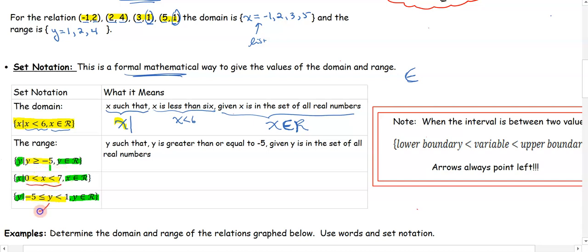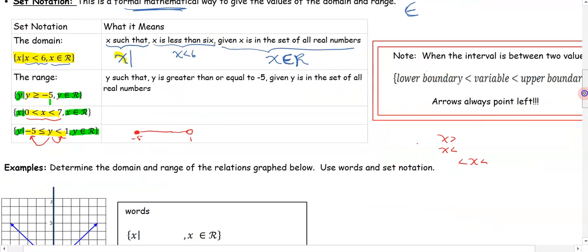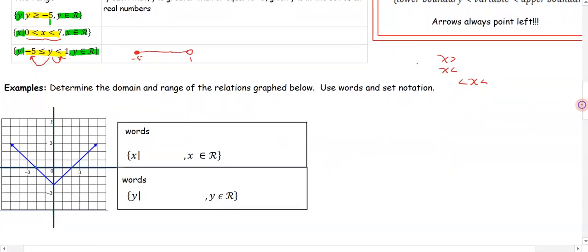And this one: y is greater than or equal to -5, so you would include the -5. It's greater than -5, but smaller than 1, which doesn't include the 1 value. So it's everything in between, including this boundary, but not including the 1 boundary. So there are different ways to write a continuum: greater than, less than, or between. Those are the different ways we could be writing our domain and range.